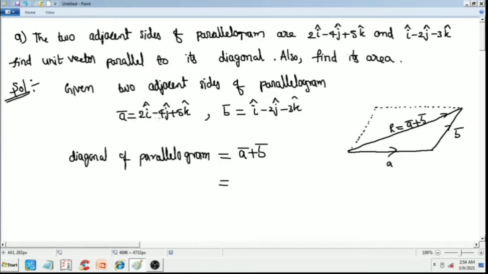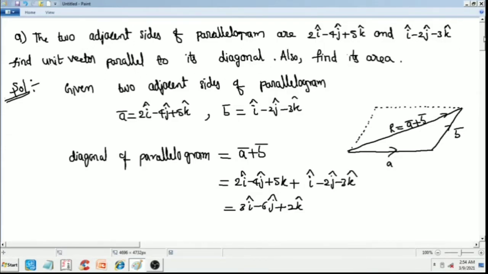Here A bar is 2i minus 4j plus 5k, plus B bar is i minus 2j minus 3k. So 2 plus 1 is 3i, minus 4 minus 2 is minus 6j, plus 5 minus 3 is plus 2k. So the diagonal of the parallelogram vector is this.